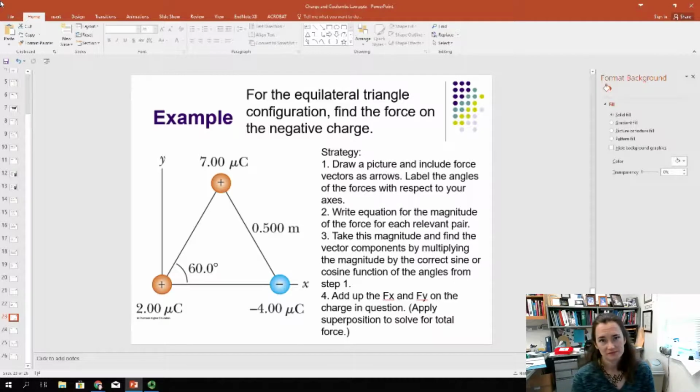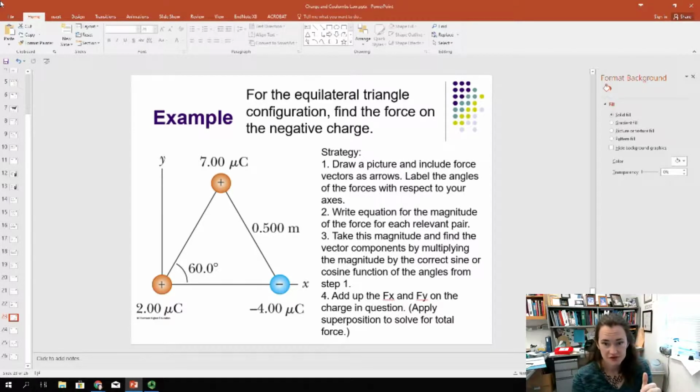That's step one. In step two, I take the magnitudes of all the force vectors that I've drawn and write those magnitudes down using Coulomb's Law. Then in step three, I take those magnitudes and break the vectors into their components. To do this, I take the magnitude that I found in step two and multiply it times the appropriate trigonometric function for the angles that I found in step one.